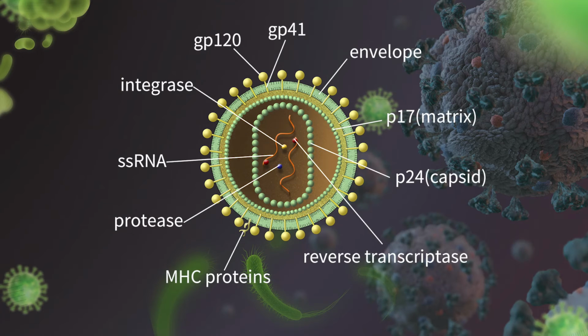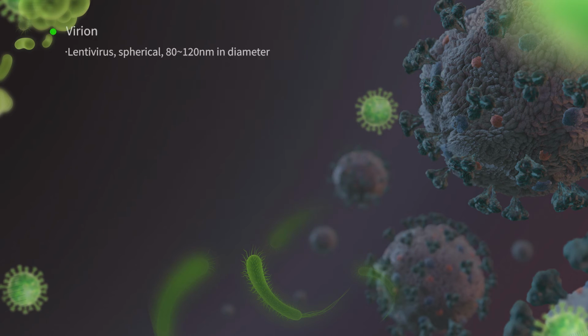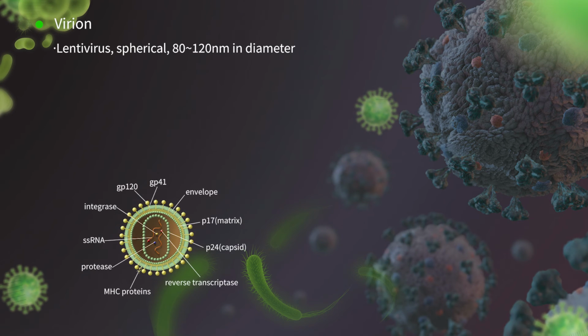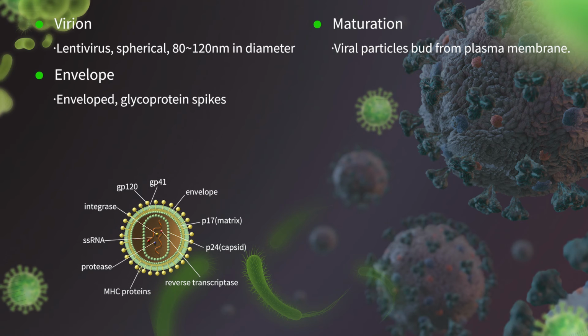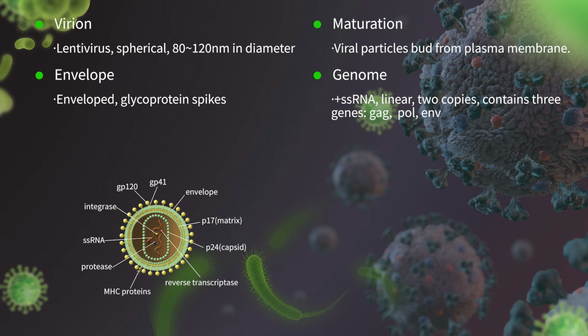As the picture shows, HIV is a spherical, enveloped RNA virus with a diameter of 80 to 120 nanometers. The envelope is acquired by budding from the plasma membrane and contains viral glycoprotein spikes. The envelope surrounds a capsid. Within the capsid, it contains 2 identical copies of the positive stranded RNA genome.